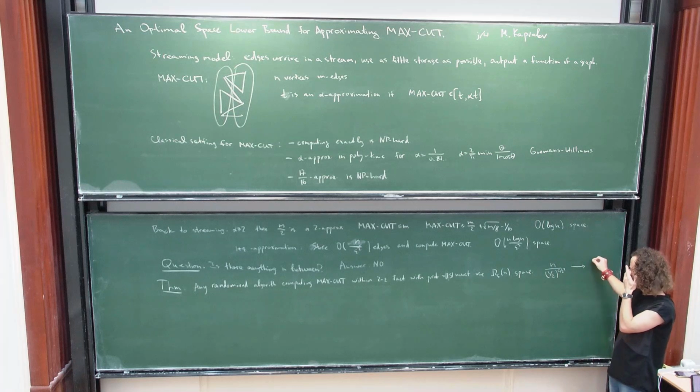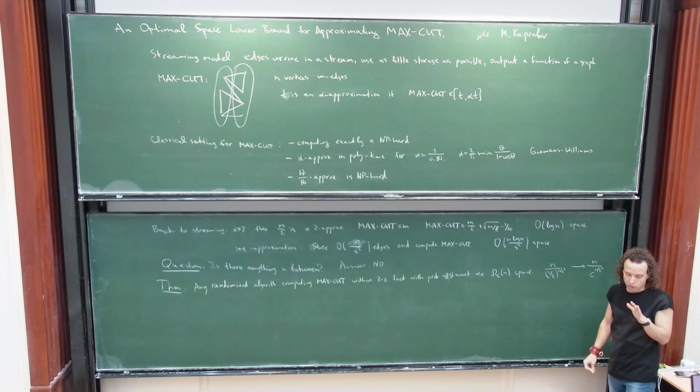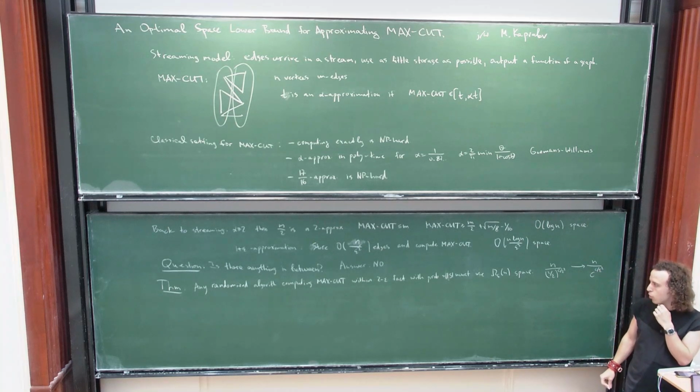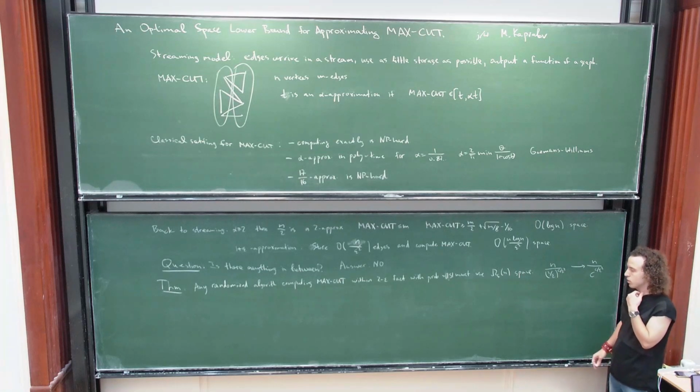Again, I don't really know and even believe that such a huge factor is needed for the original problem. But it seems that for the natural communication problem that arises, this is the correct answer.